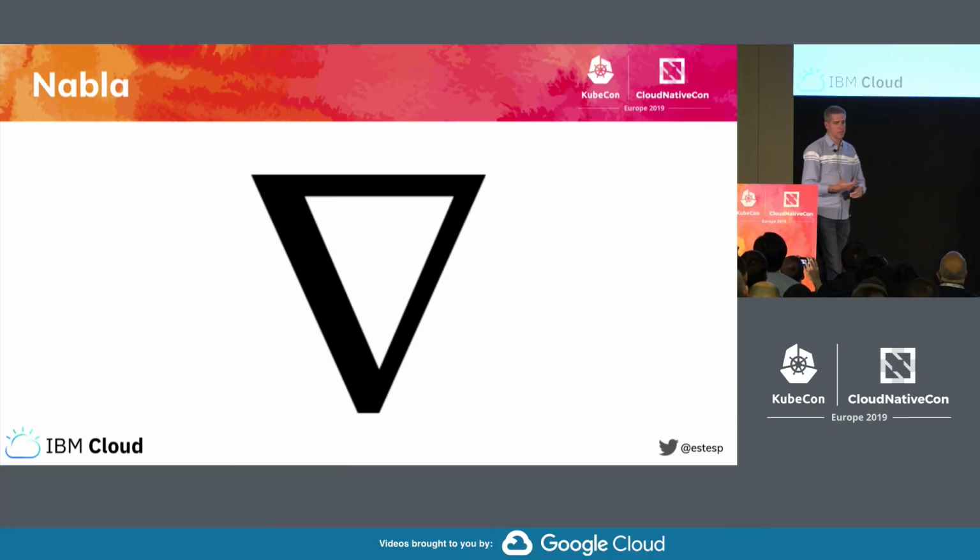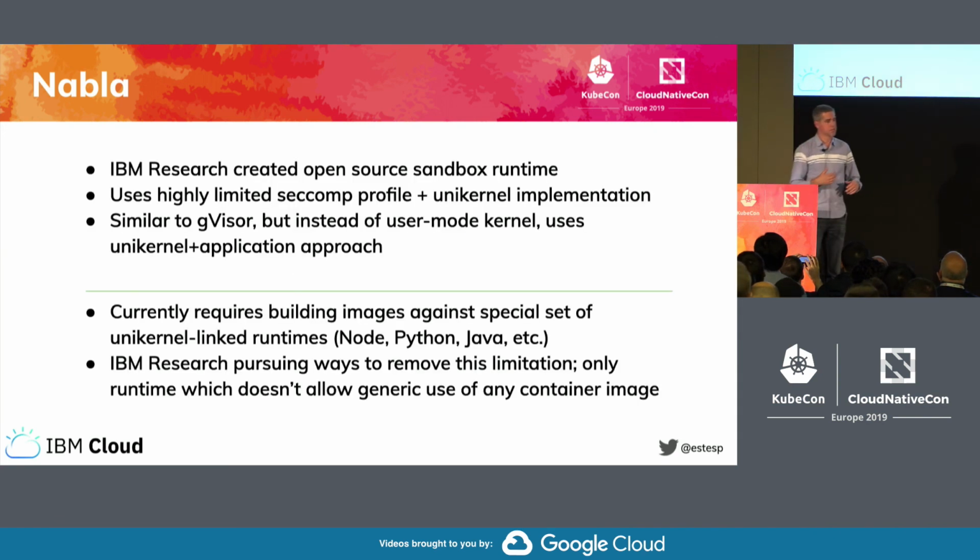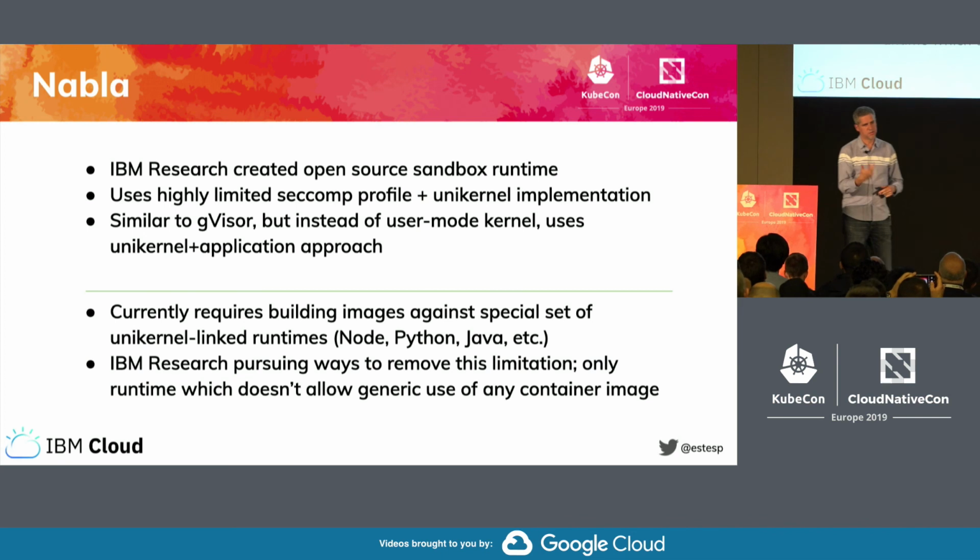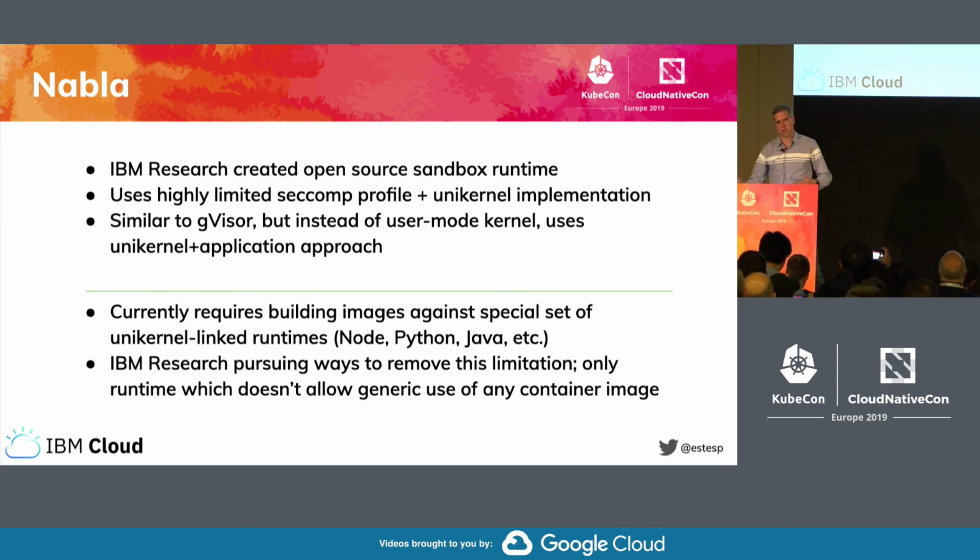I said I wasn't going to demo Nabla. We're already very close to time, but this is another sandbox idea using unikernels. IBM Research created this. It uses a very highly limited seccomp profile, with just a few syscalls allowed, and then the unikernel is compiled with your application.